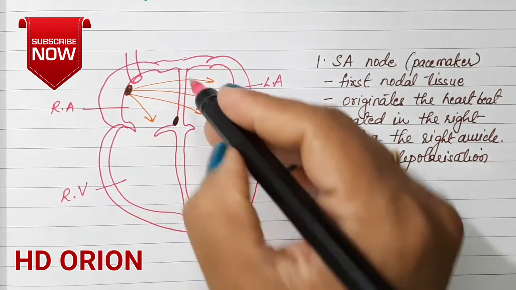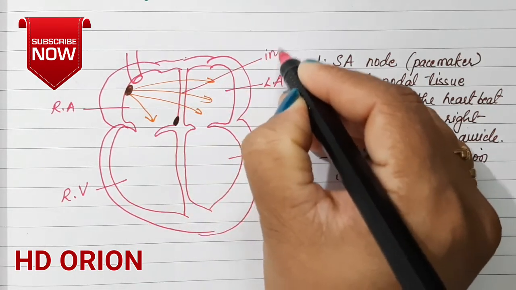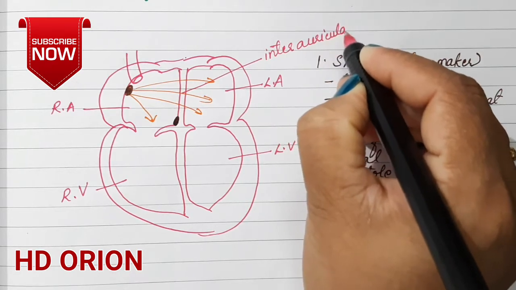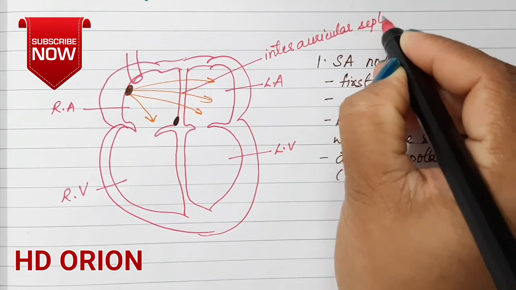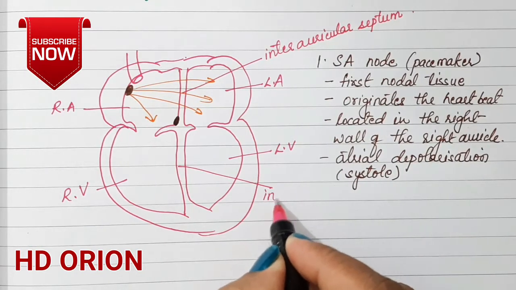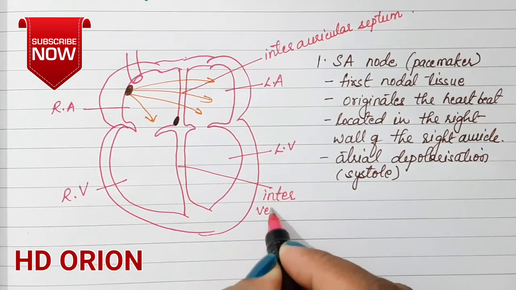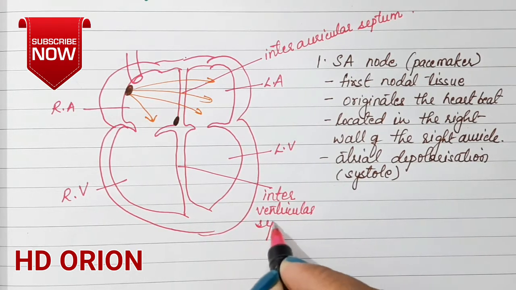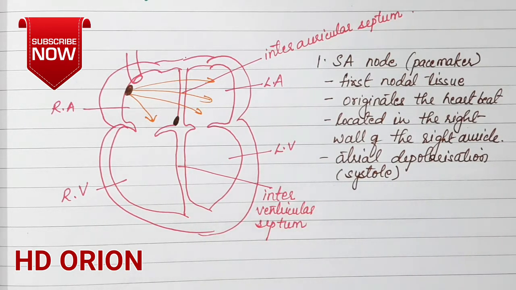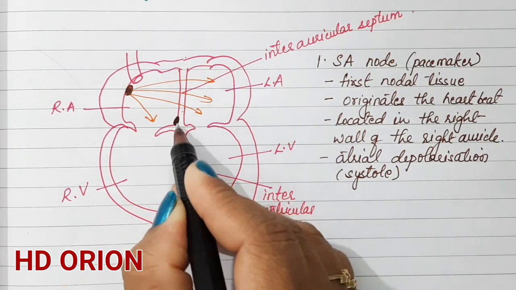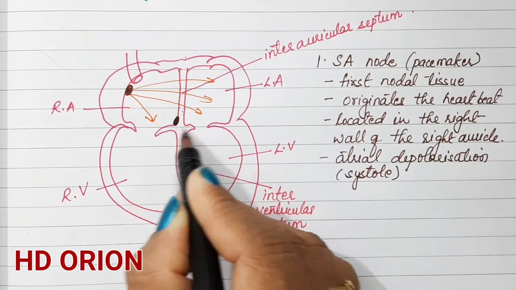So if this wall is the interauricular septum and this one is the interventricular septum, the AV node is situated in the junction of both over here, somewhere in the AV septum.